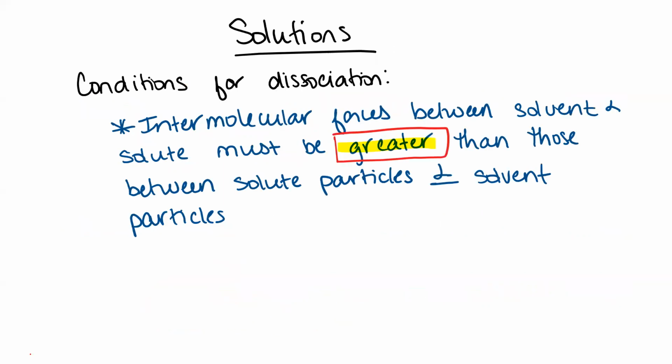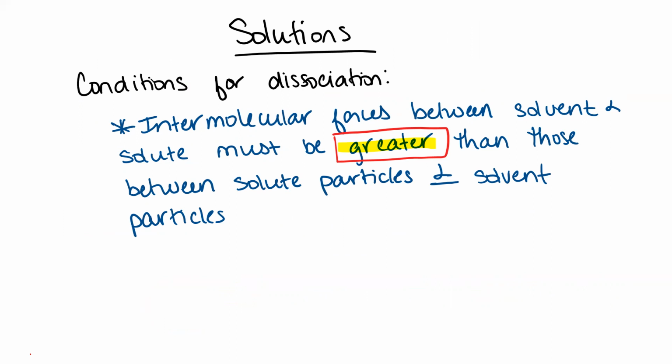So there are conditions for dissociation to occur within this solution. The primary condition is that the intermolecular forces between the solvent and the solute must be greater than those between solute particles. So what does this mean?